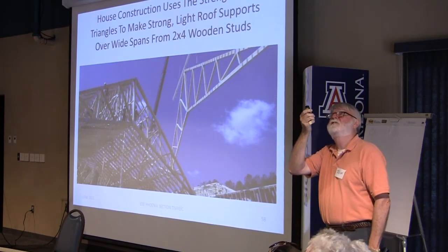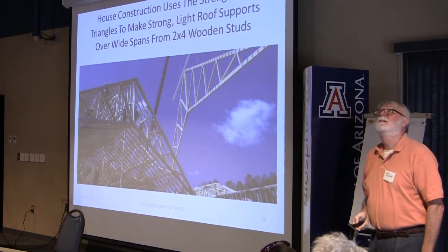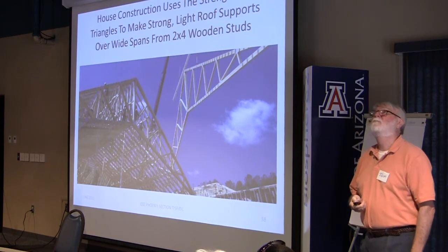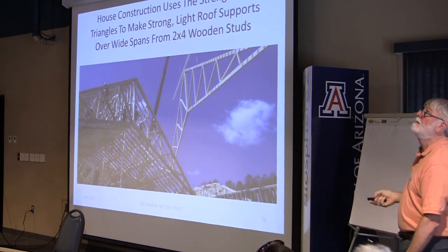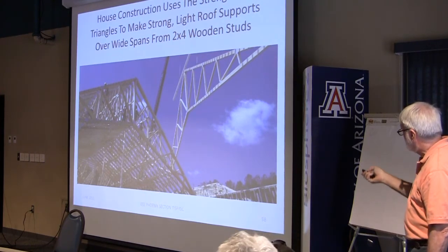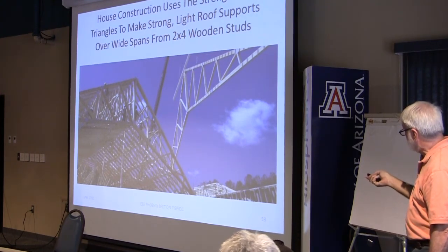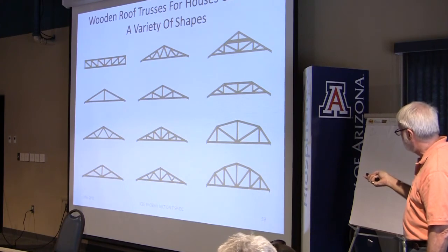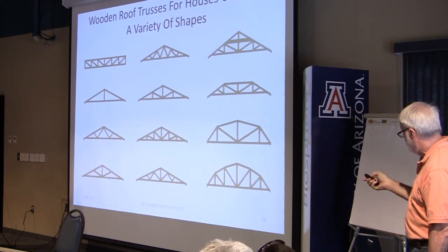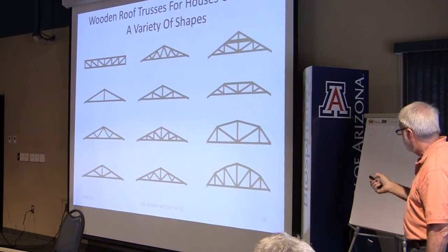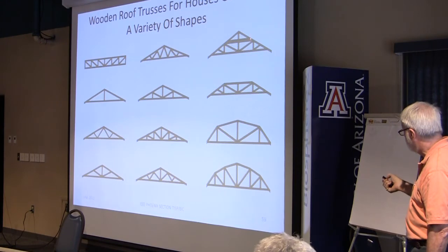Very lightweight, in this case, steel construction with triangular, looks like 1 inch or so rebar. There's another example of a house truss made from 2x4 studs. Lots of different shapes and varieties, but you see the thing they all have in common is that triangular structure.